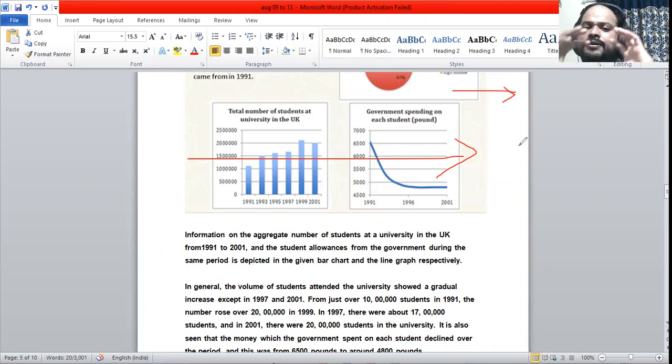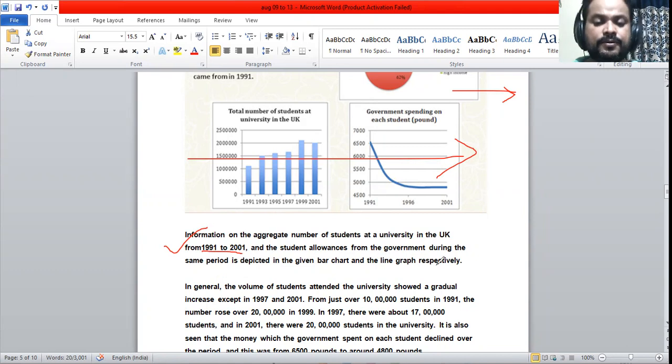I have seen something similar, that is, movement data first. The introduction to the movement data is given here: information on the average number of students at a university in the UK from this point to this point, and the student allowances from the government during the same period, is depicted in the given bar chart and the line graph respectively.